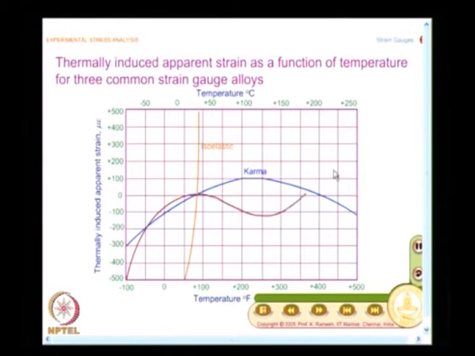Your first observation is all these individual graphs are highly nonlinear, and your adjective excellent thermal stability is really relative terminology. So, for room temperature application Advance is good, for dynamic application isoelastic is selected, for in situ measurements you go for Karma alloy for long periods of time.